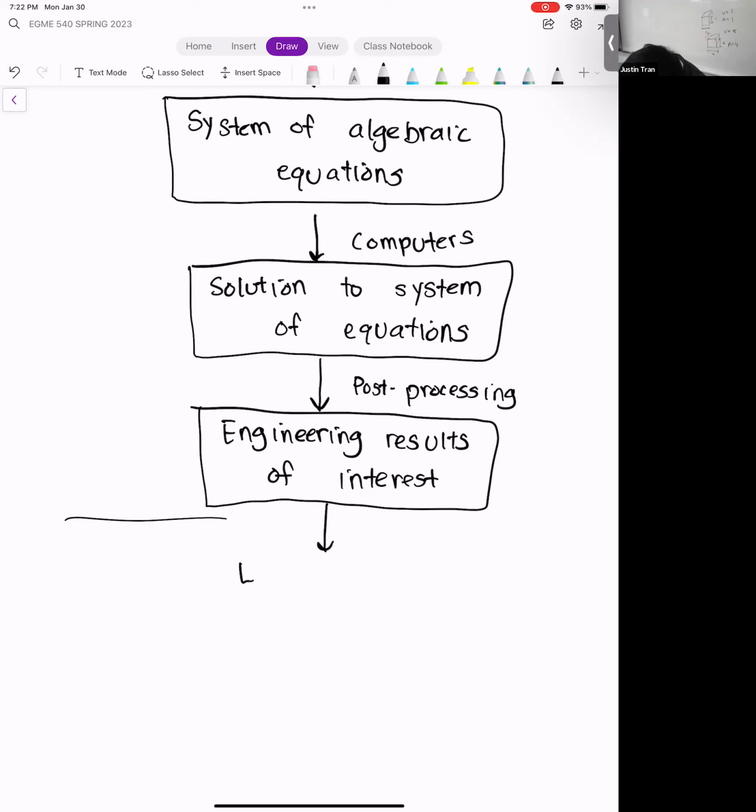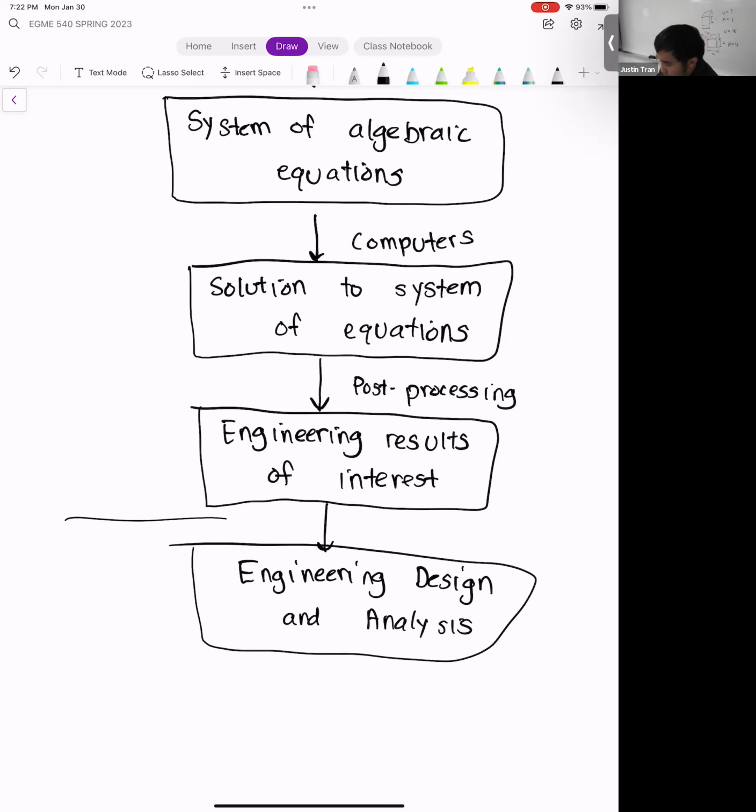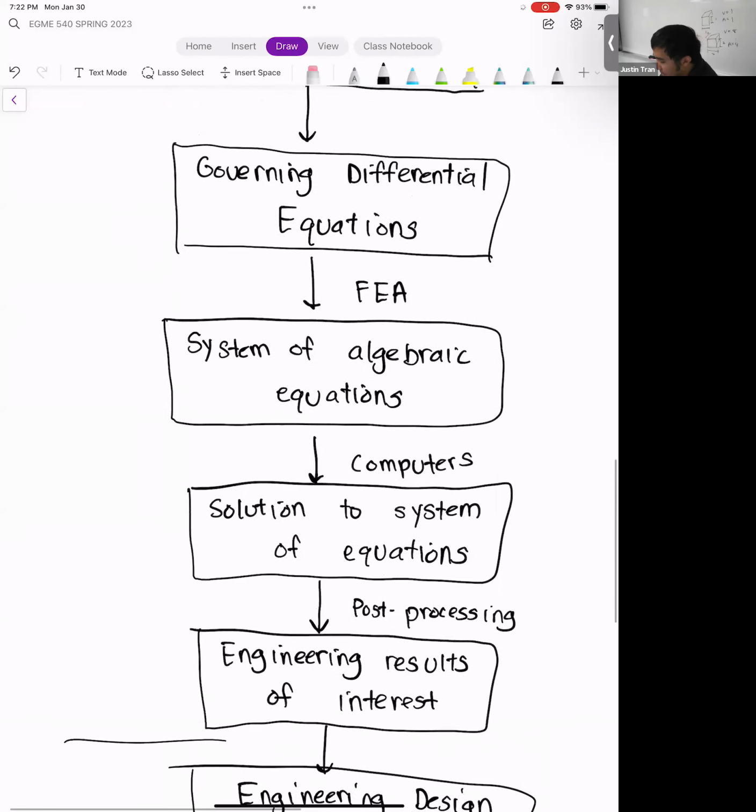And so this is where engineering work resumes from here. I call this engineering design and analysis.